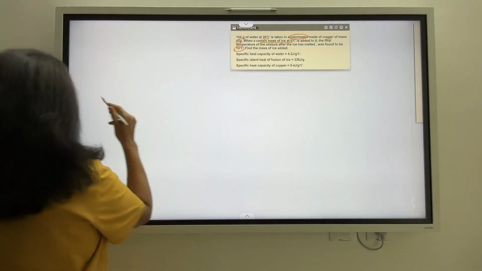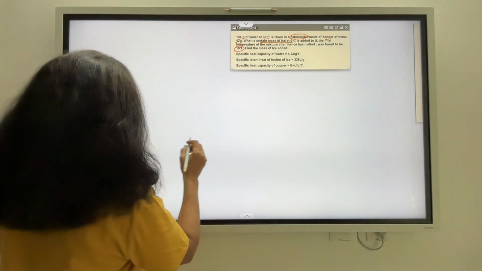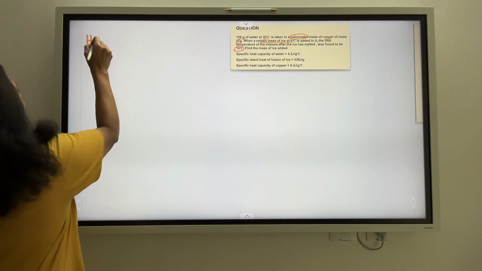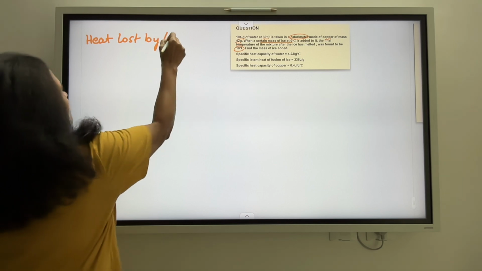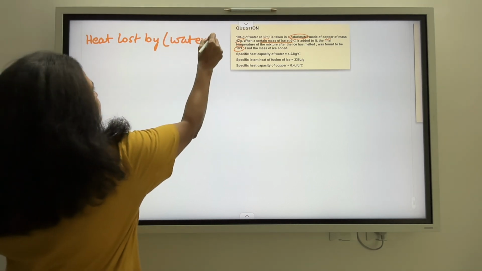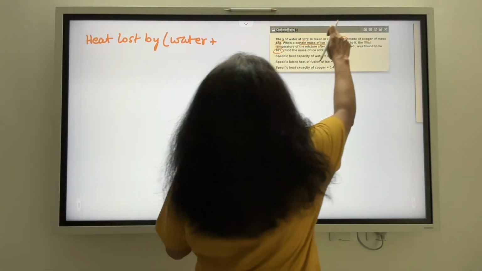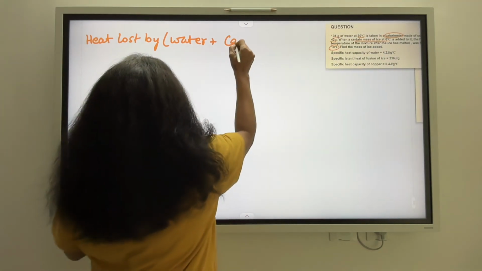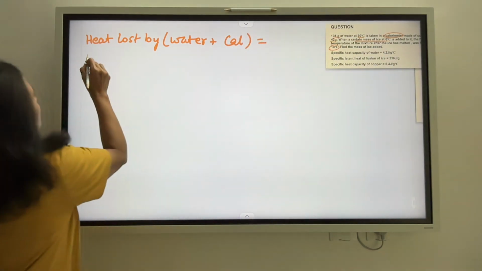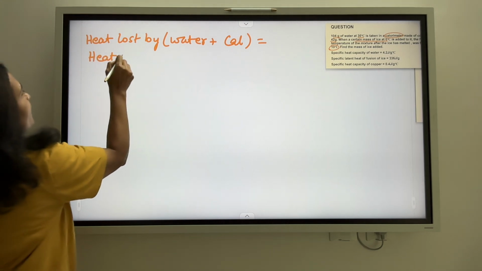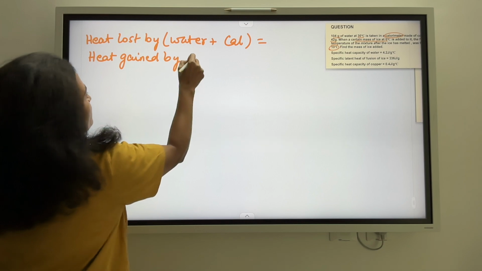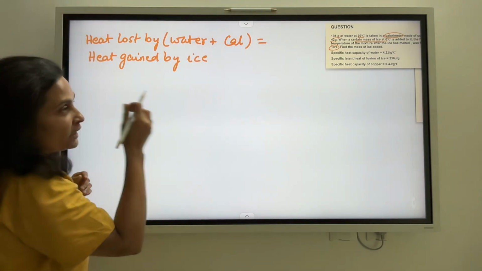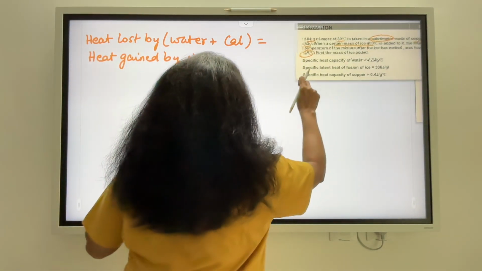Okay. So heat lost by water plus calorimeter is equal to heat gained by ice. So now let us write the details of the question which has been given to us.